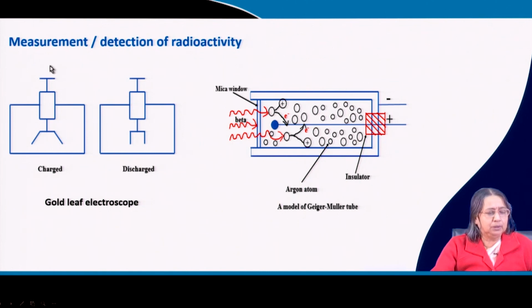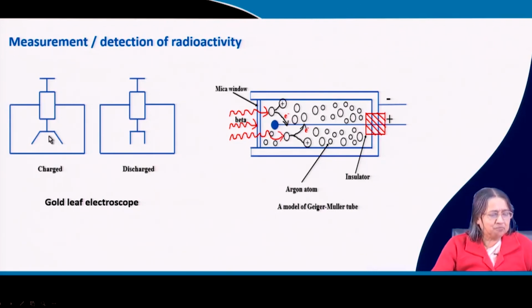If you keep some charge here, then the charge will go to the leaves, which are made of very fine gold. Because the charge is similar, they will repel each other, and they will go like this.